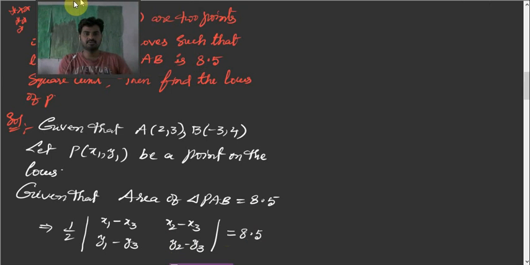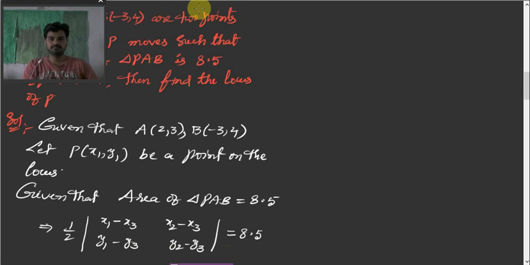So in this one you can write half into modulus of. Here the first point is P, second point is A, third point is B. You can fix the point B first of all. Now for the remaining points P and A, write the P point x coordinate and the A point x coordinate, which is 2.